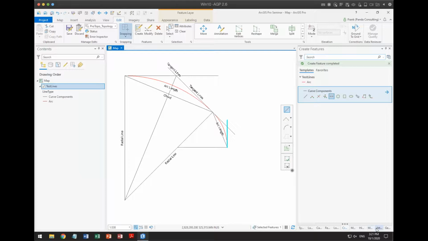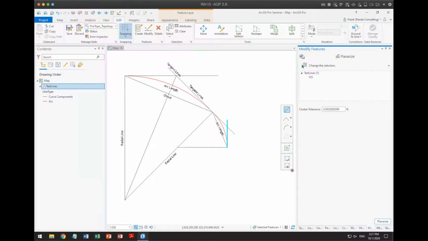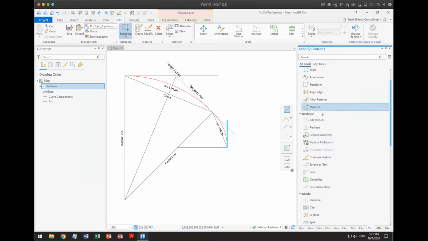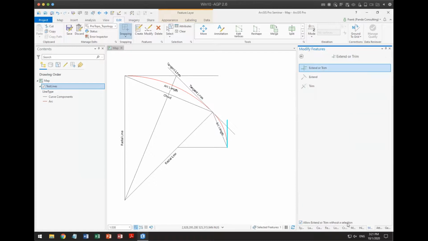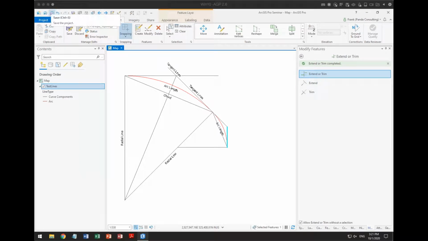If I go in here to extend trim, where are we here? All right. Extend trim. I now have all the various components.